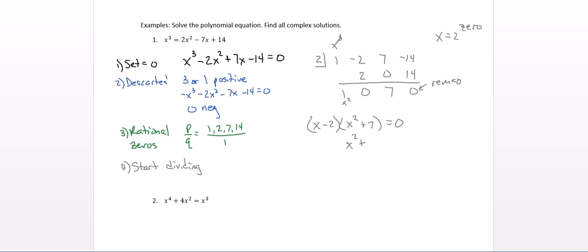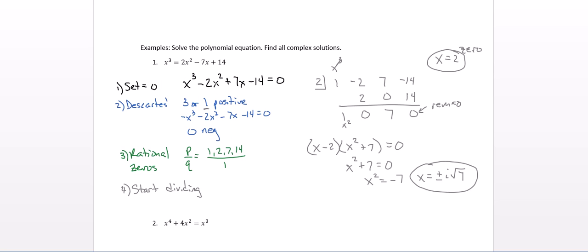I'll look at x squared plus 7 equals 0. x squared equals negative 7, so x equals plus or minus i square root of 7. And we have all complex solutions, because real numbers are also contained in the complex numbers. A conjugate pair and a real number 0. We had one positive real 0 and the other 2 were complex.